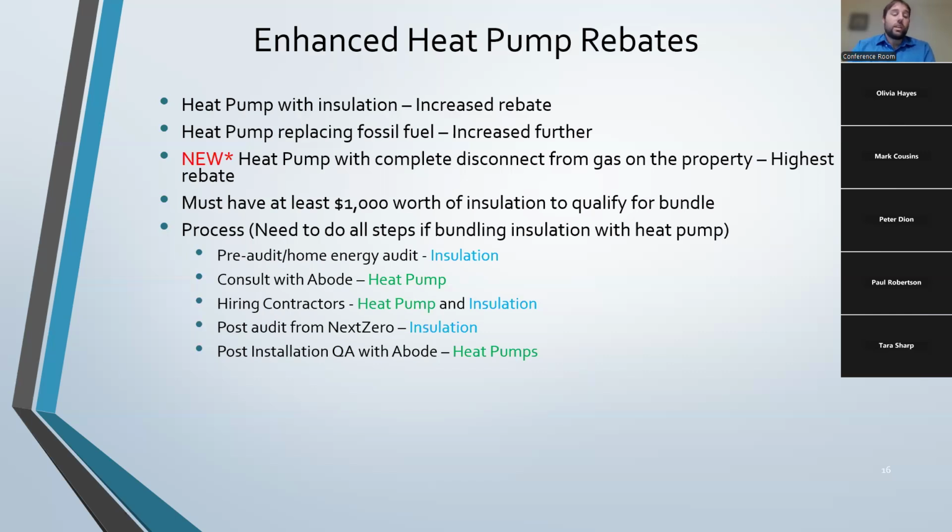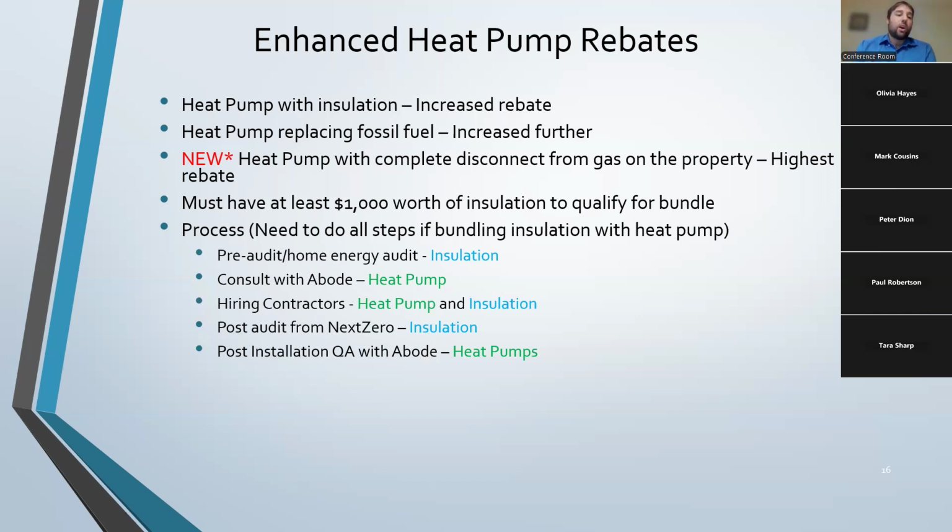And then new in 2026, there'll be a heat pump with complete disconnect from gas on the property, and that'll be the highest rebate. In the next slide, it'll show you where each of those rebate values are, because they're increasing a little bit from prior years.